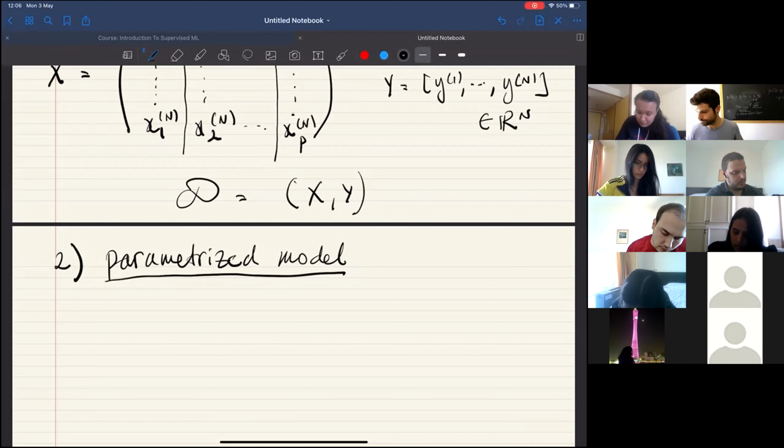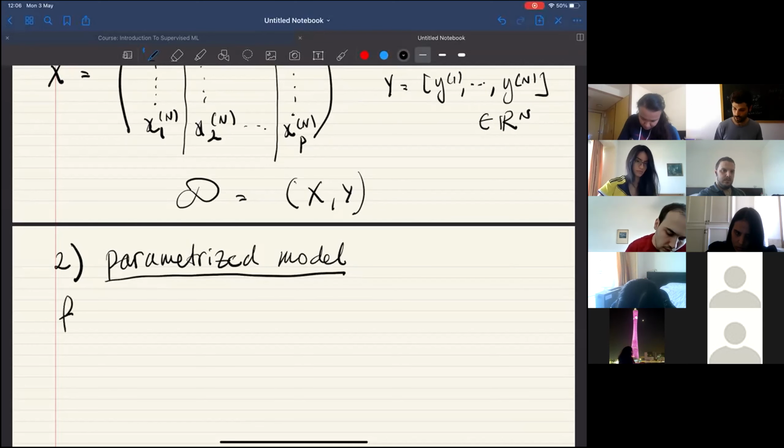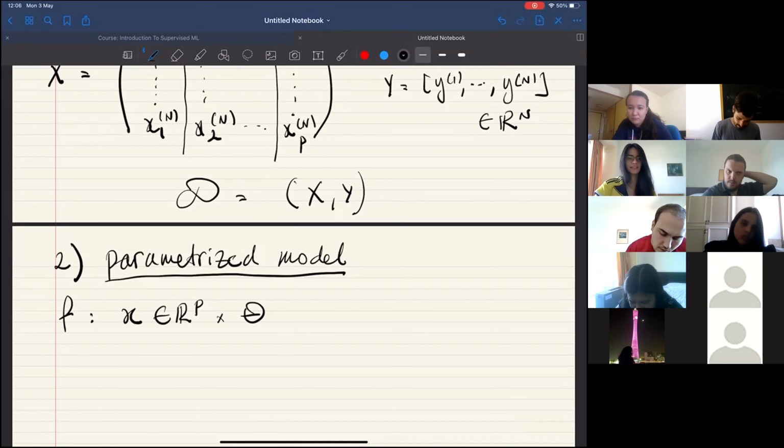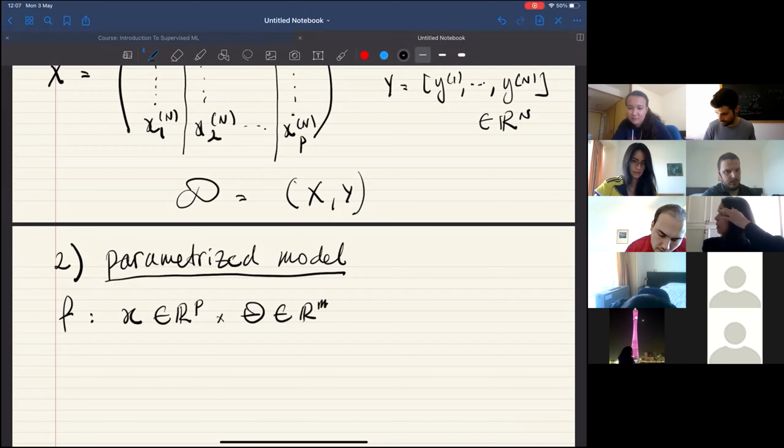So I will generically call this model F. This is just a function that will take as input X, which means one input data point. So again, it is a vector in R^P, but it will also take as input a vector of parameters. So this function is parametrized by parameters that I denote theta, that will be of size m.